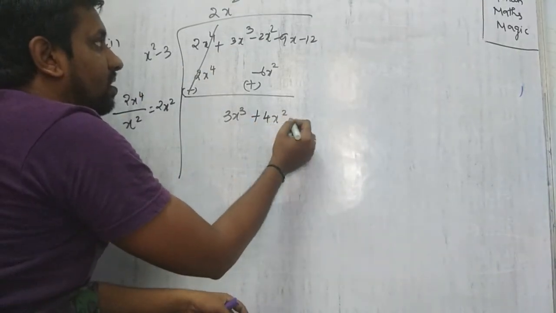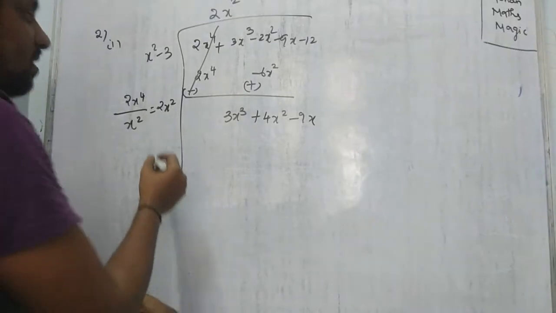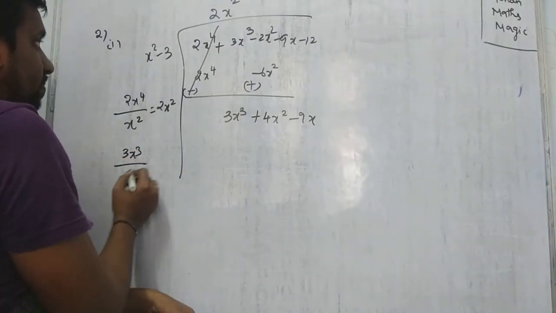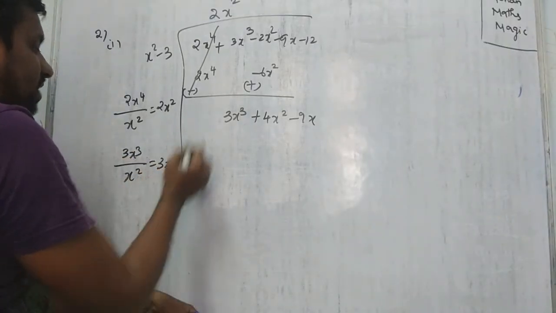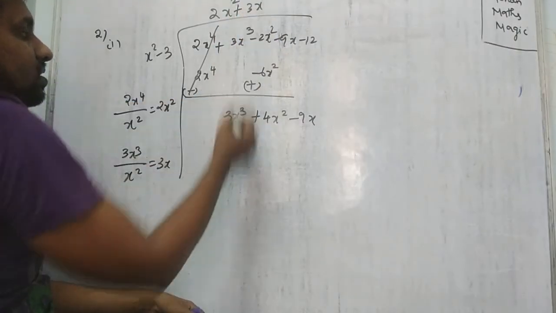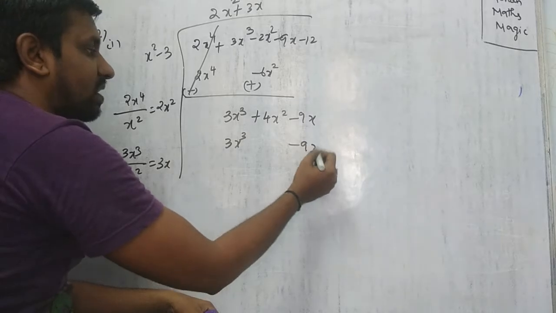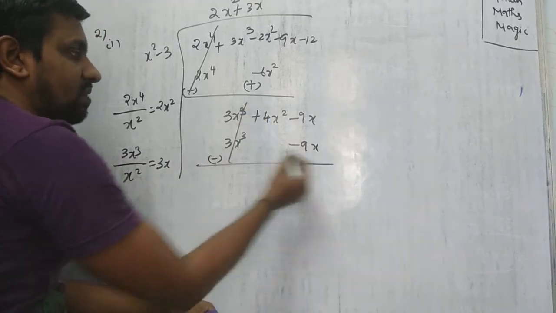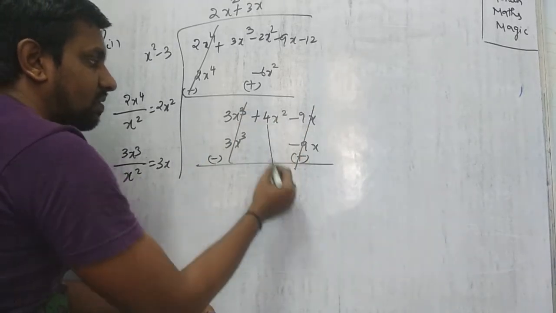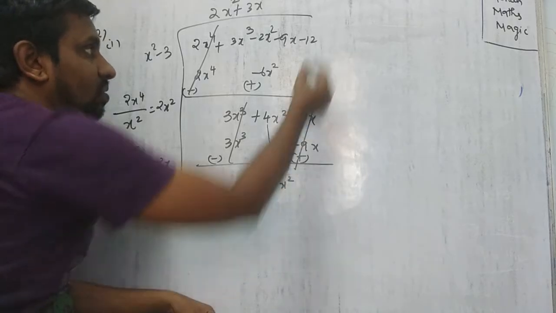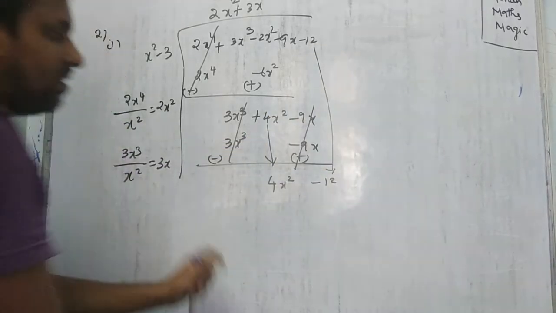This is 4x square minus 9x. Now again 3x cube by x square, I got 3x; 3x into x square, automatically 3x cube minus 9x. Change the symbol, 4x square, remaining will be minus 12.